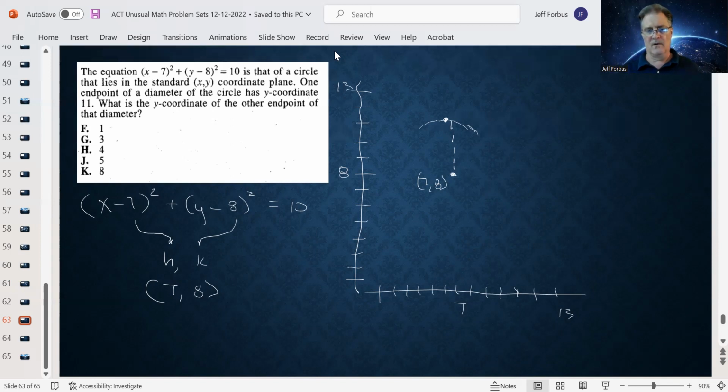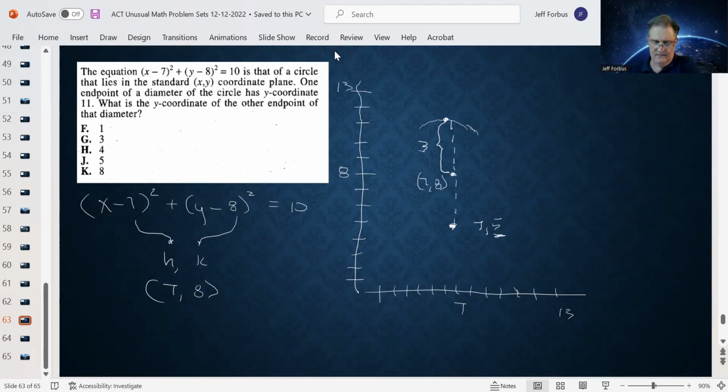Well, our radius is going to be 3. So if we go down 3 more, we should end up here at (7, 5). So the other endpoint is going to have a y value that's going to be 5.